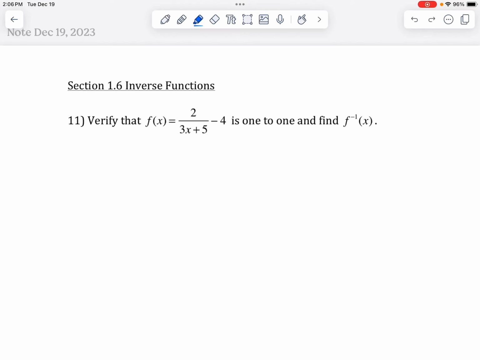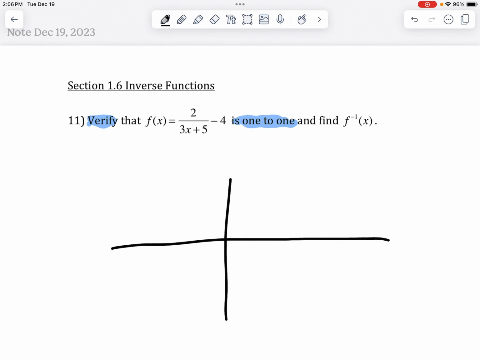Oh wait, there seems to be something that I forgot to do, and that is I forgot the part about verify that it's 1-to-1. So that basically just means that I need to graph it and see if it passes the vertical line test. So for example, a circle is not 1-to-1 because if you can draw a vertical line and intersect it twice, that's not 1-to-1. So I just need to graph it.